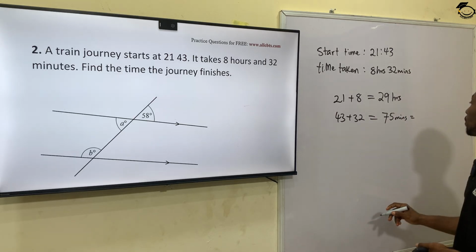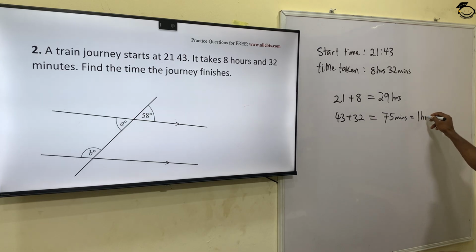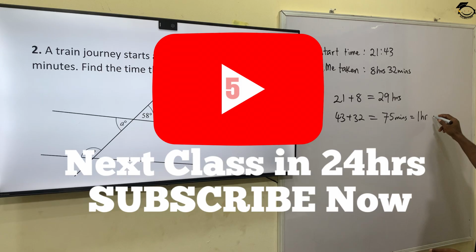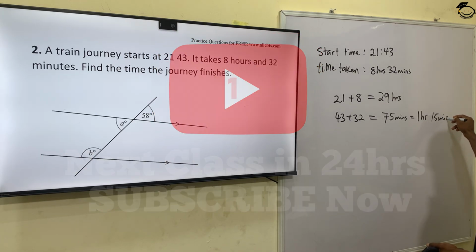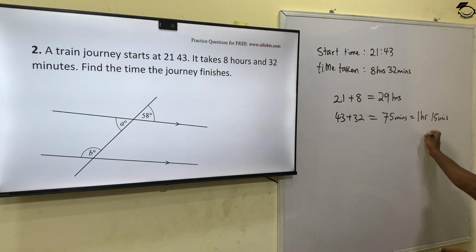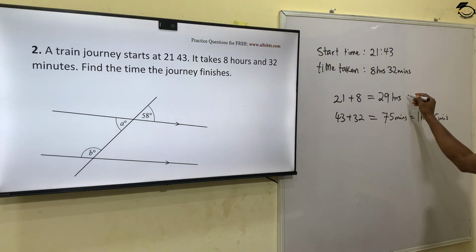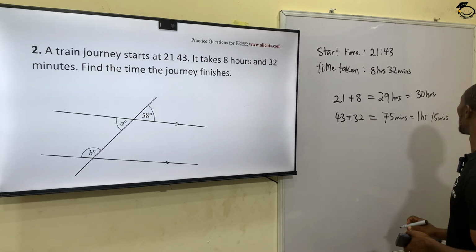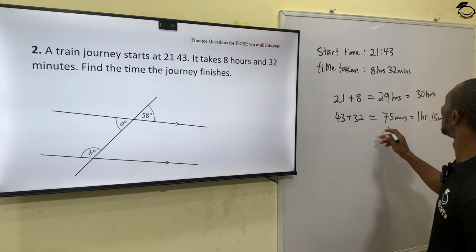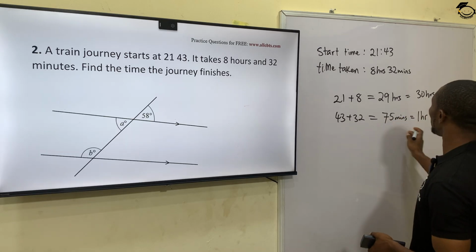And 75 minutes can be broken down to be 1 hour 15 minutes. So if we add 1 hour to this, we have 30 hours. Now let's calculate our timing from here.